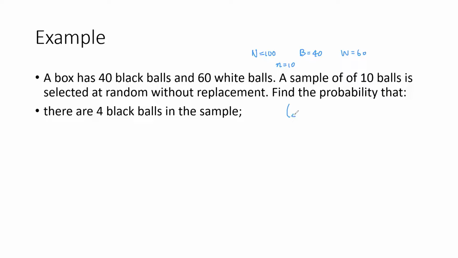You choose 4 from 40. Don't forget the second term. You're going to choose 6, it's a little n, 10 minus 4, 6. You choose from 60. By the way, this notation is a combination. Some people use C, 40 choose 4. It's the same thing. Both are commonly used.